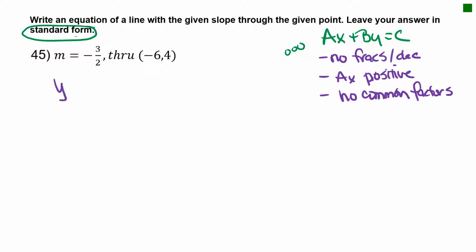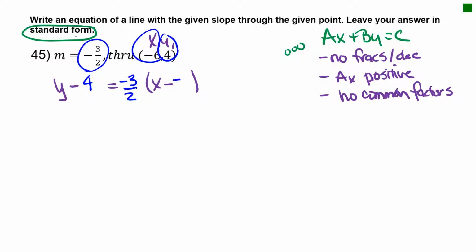So I'm going to start the same old way because I'm writing an equation of a line. I'm going to grab y1 right there. It's 4. I'm going to grab the slope, -3/2, and I'm going to grab x1, -6, plus positive. I'm going to take this denominator of 2 and sneak it up here. 2 times y minus 4 equals -3 times x plus 6.